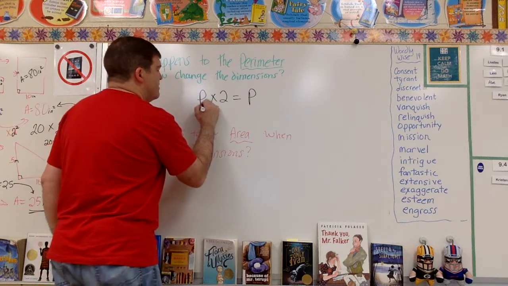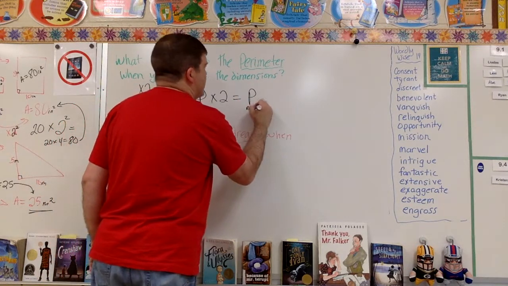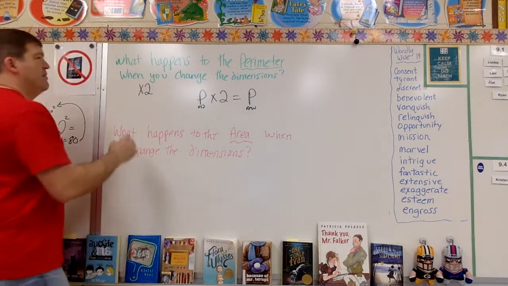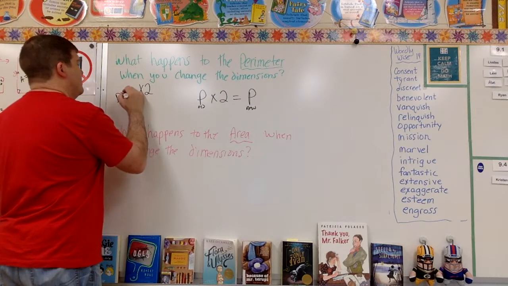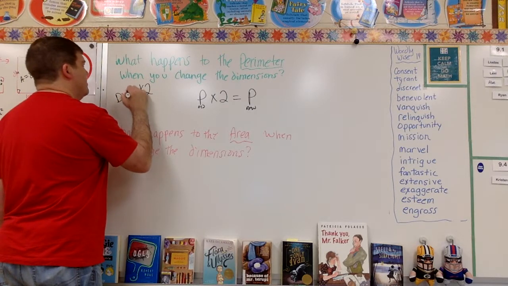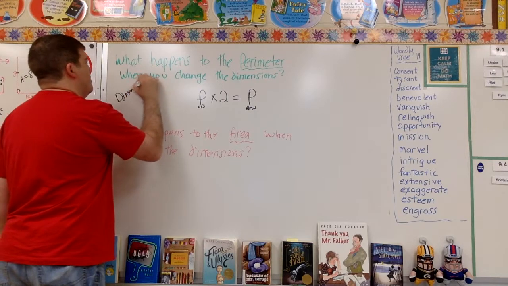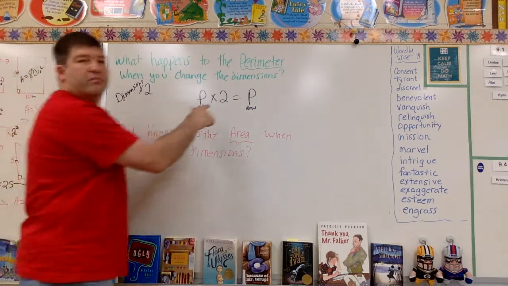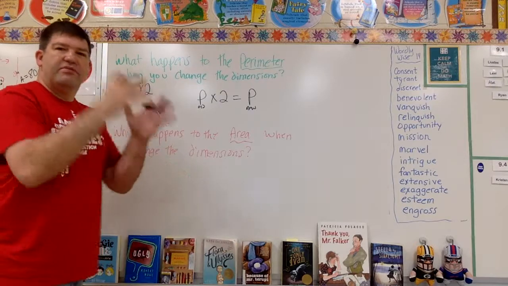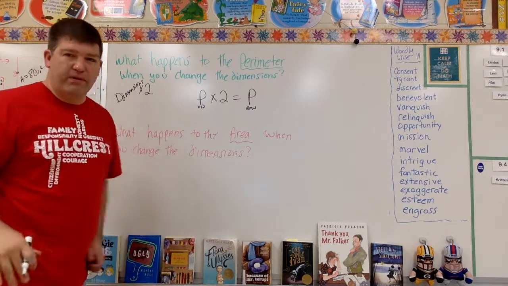So this is the old, this is the new. Dimensions times 2, perimeter times 2. Times 2, times 2. You just straightforward.